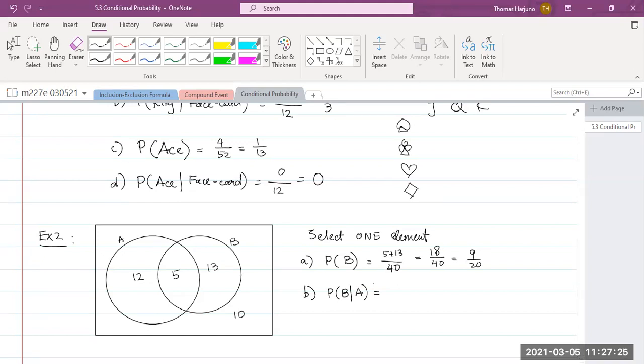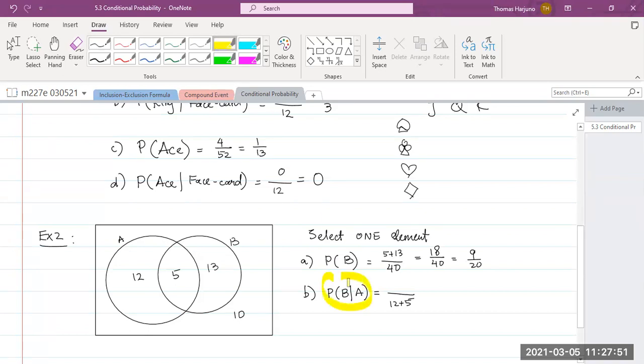Basically you know it is in A. What is the probability it is also in B? Then you see how many elements we have in A. We have 12 plus 5 elements in A. Now, of these 17 elements in A, how many of them are in B?